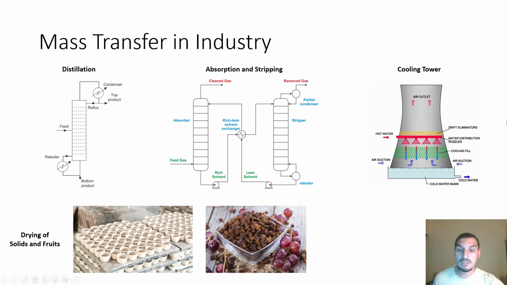The same is the case for dried fruits. Many fruits can be dried and kept for a long time. One of them is raisins, which are originally grapes, and the grapes are dried the same way the ceramic materials are dried, and the raisins are used in many other things. So this is one other mass transfer process.